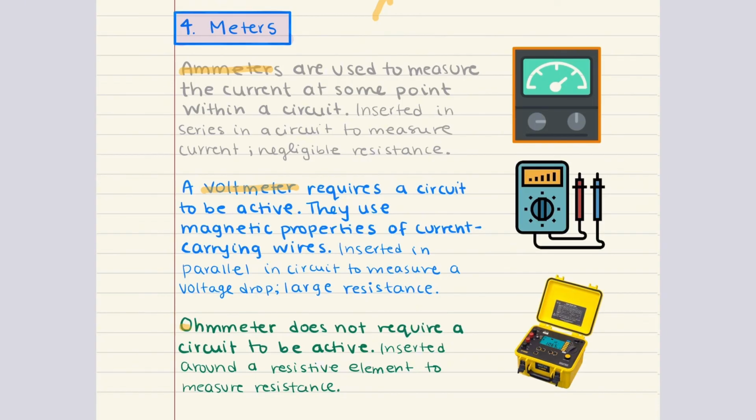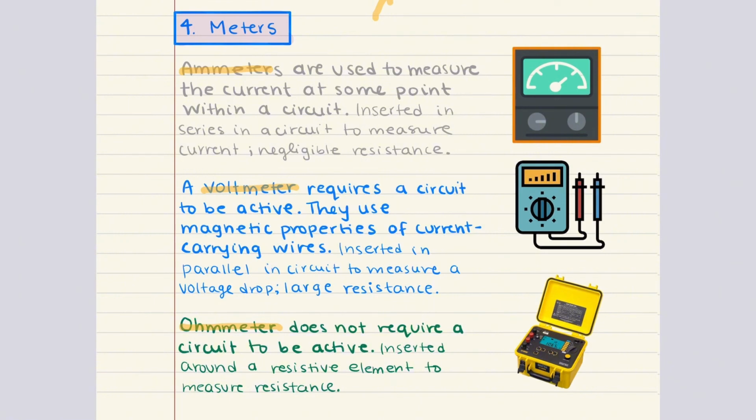Finally, we can talk about ohmmeters. They measure resistance, and they measure the resistance of a specific circuit element. So, unlike ammeters and voltmeters, ohmmeters do not require an active circuit. In fact, using an ohmmeter on an active circuit can result in an inaccurate reading or even damage the meter.